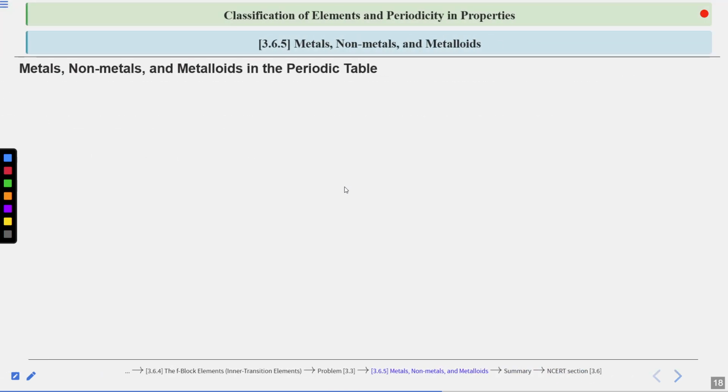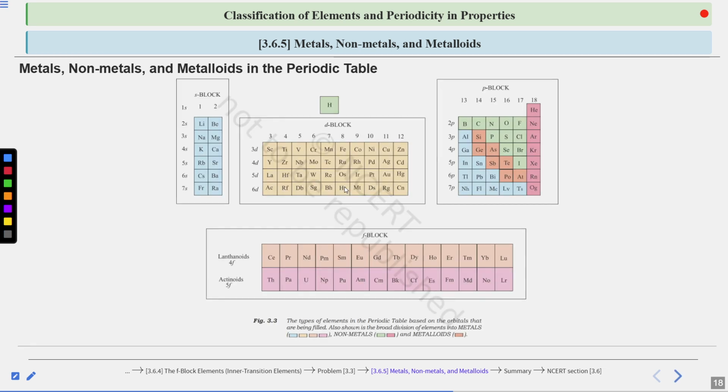Now we will move to a very known topic for all of you, which is metals, non-metals and metalloids. But still I have put this topic for you, first of all to get an idea what you know till now, and second, what is their positioning in the periodic table. This can be understood with the help of the color coding given in the NCERT.